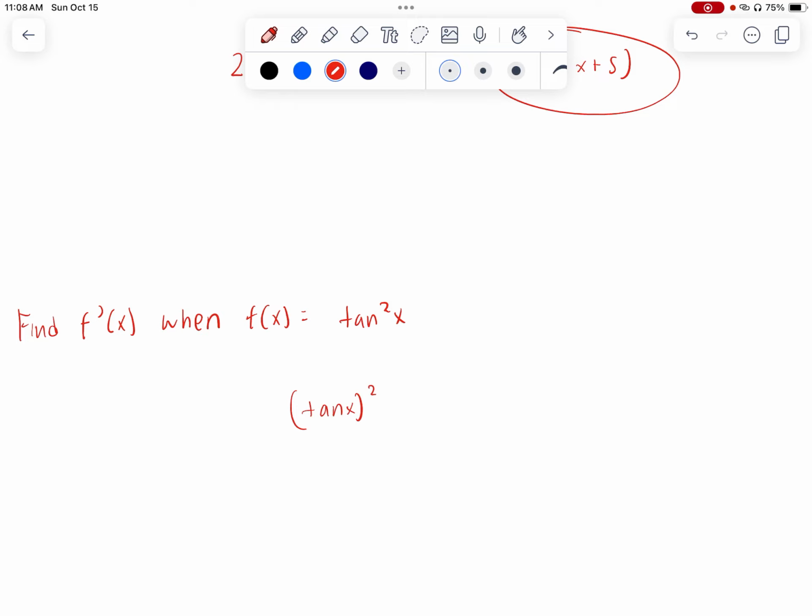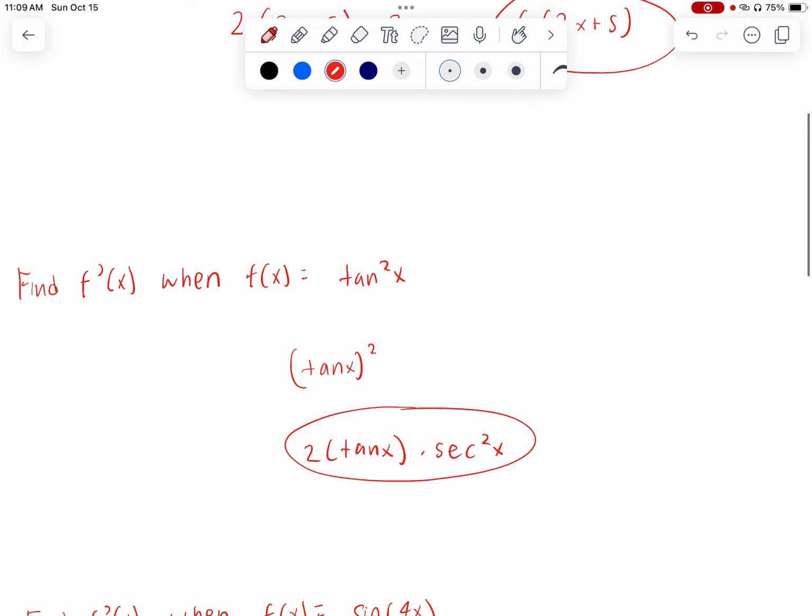You just do it like before, 2 times tangent x, bringing down the exponent and subtracting 1, and that yields an exponent of 1, so that's just nothing. And you have to multiply it by the derivative of the inside function, which is tangent, and the derivative of tangent is secant squared. So you're left with this as your final derivative.